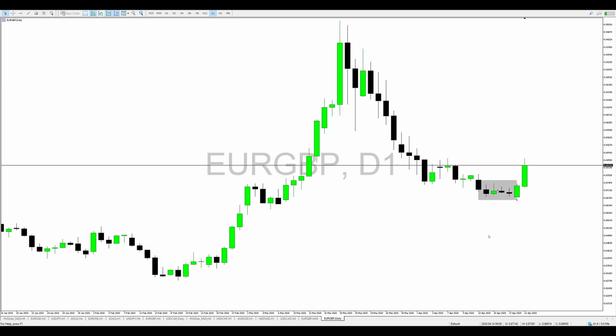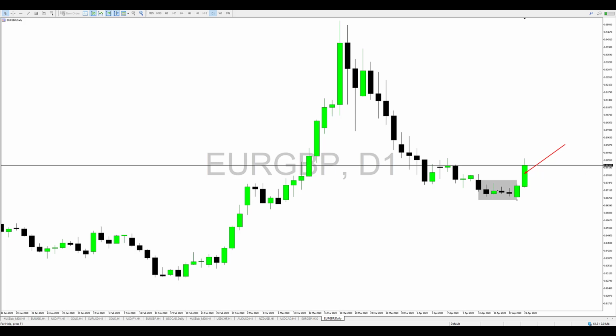Now I'm going to define the range so that we can plot the equilibrium, and I'll show you the impulsive move which happened prior to the strong bullish move that we eventually saw on Euro Pound.